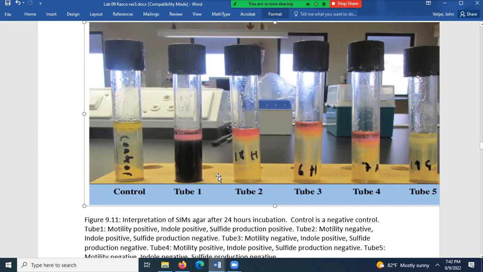You then add Kovacs reagent to the tube, and if the top of the tube turns reddish or pinkish, these tubes are indole positive. Tube 5 and the control are indole negative.